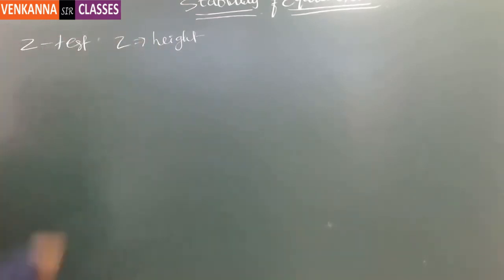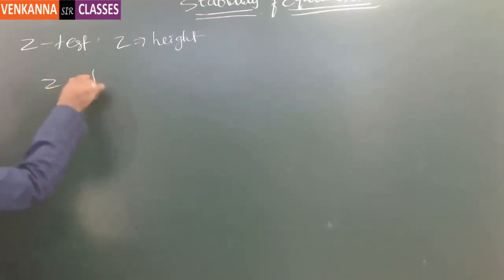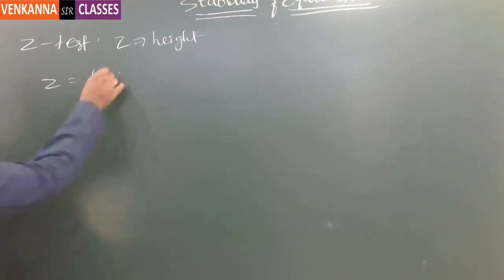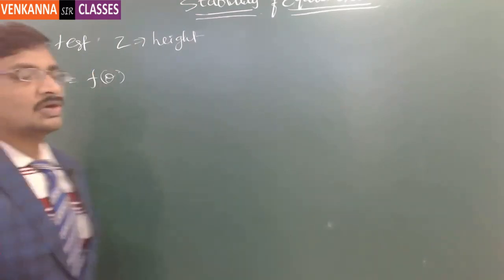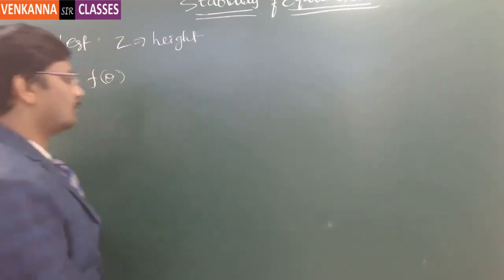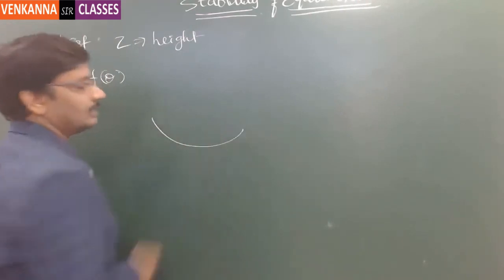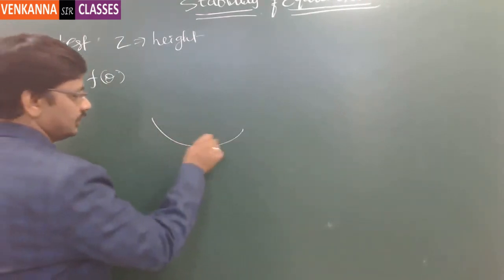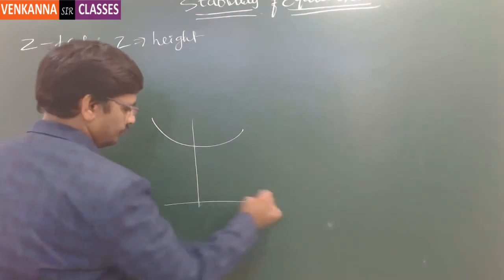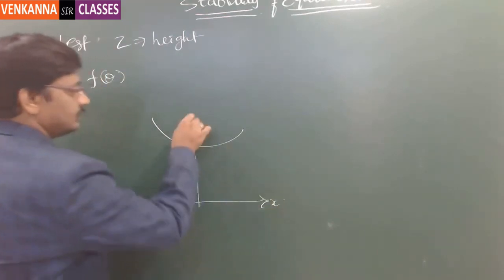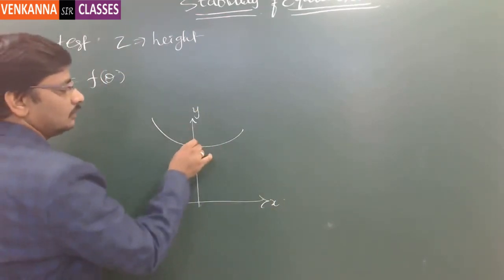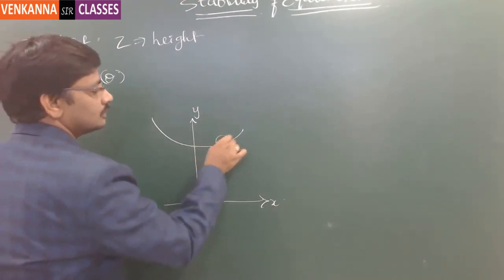Suppose Z is a function of theta, some random function of theta. Why we call Z a function of theta is, suppose there is a shape like this, on which this is the x-axis and this is the y-axis. Now the body is moved from this location to this location.